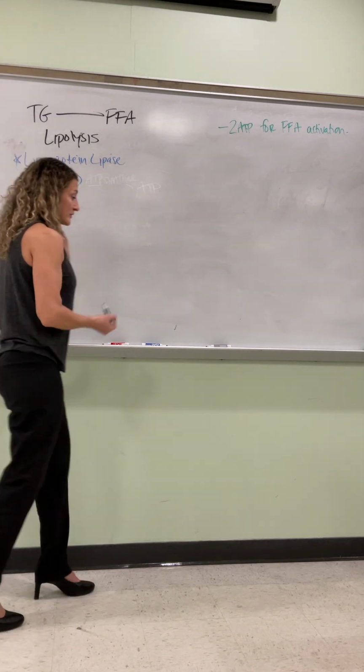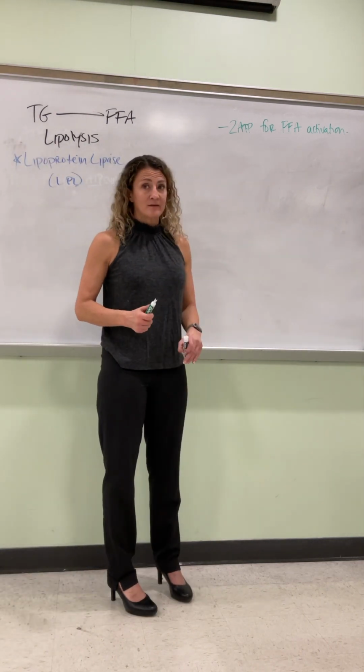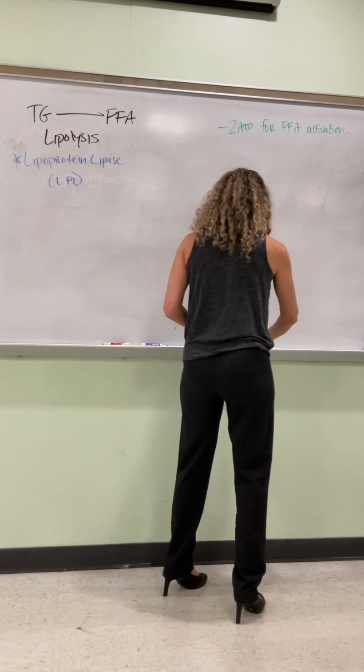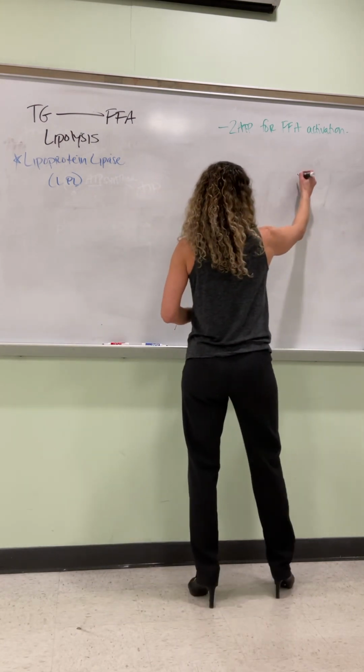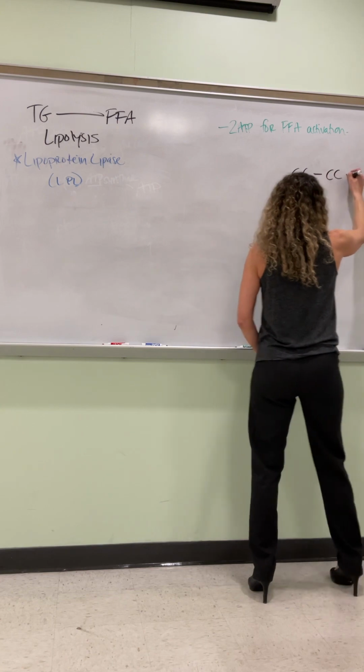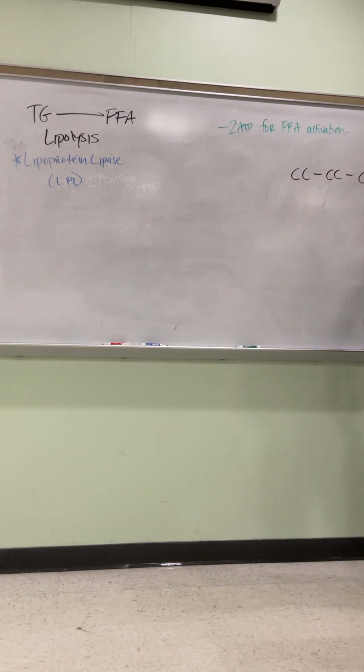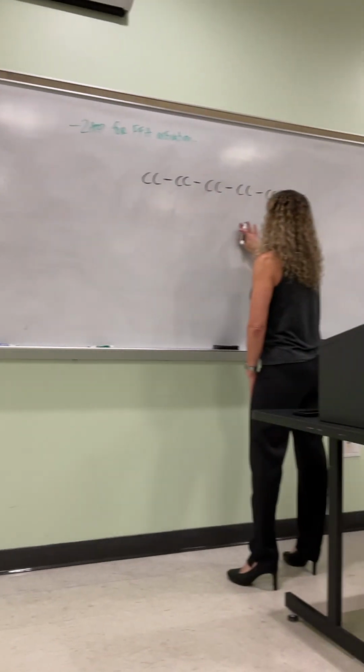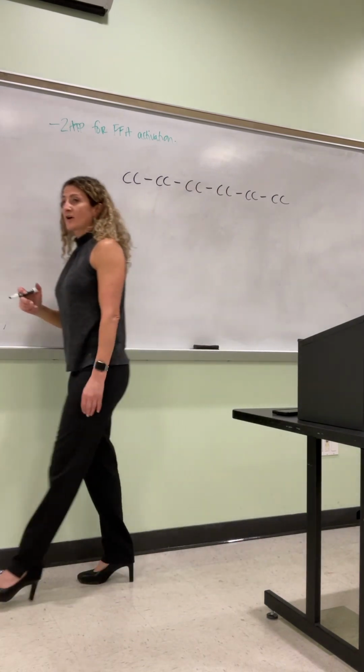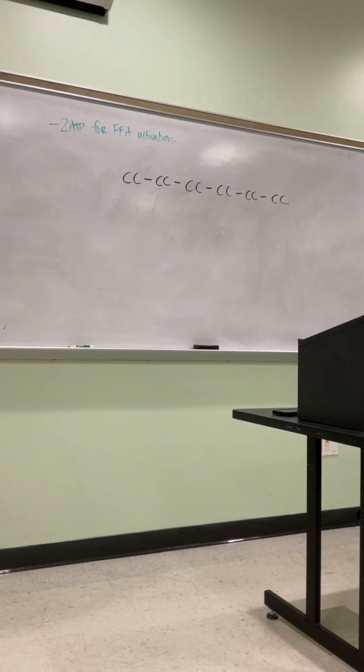So we're going to start with a 12 carbon chain fatty acid organized into pairs. It's going to look like this: 2, 4, 6, 8, 10, 12. It's a 12 carbon chain fatty acid separated into pairs by high energy bonds. Now we're ready to start beta oxidation.